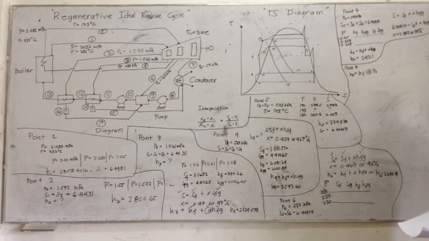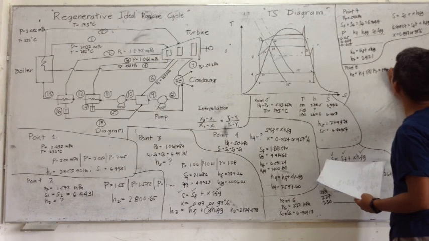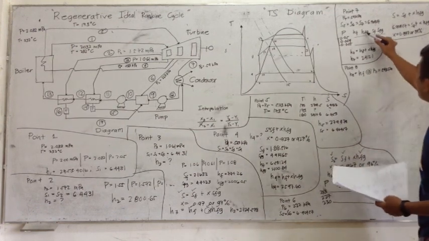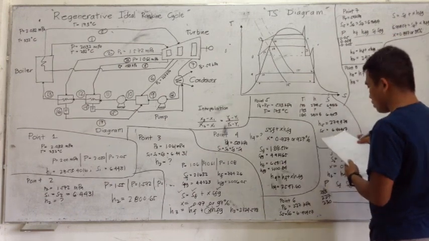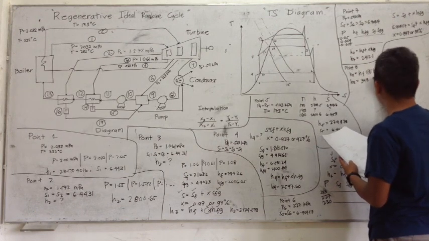In our steam table at 54 kPa, HF, by using our interpolation, H8 is equal to 348.53.